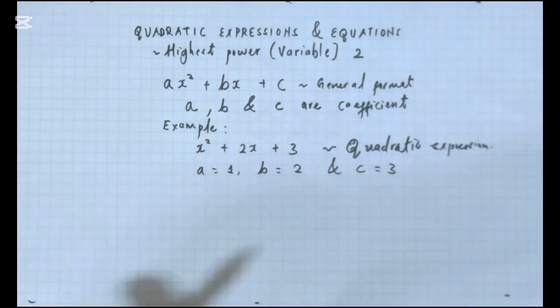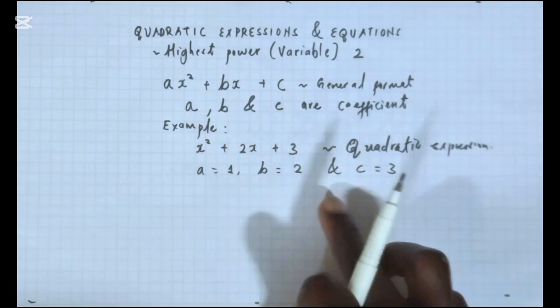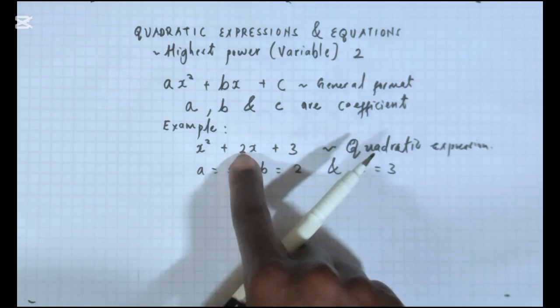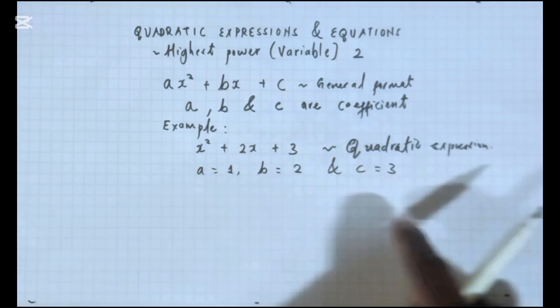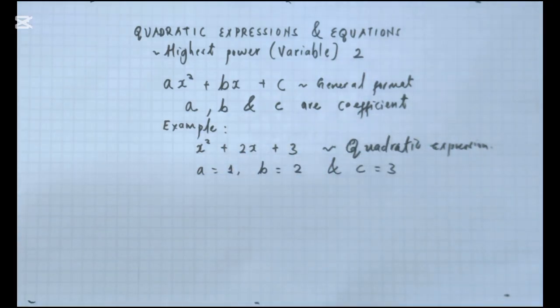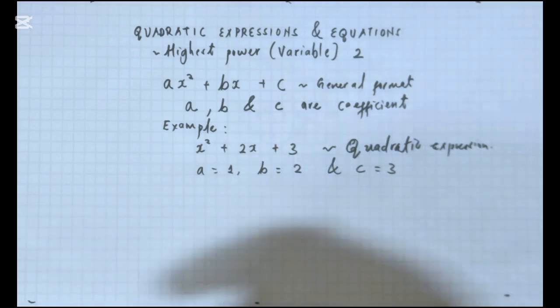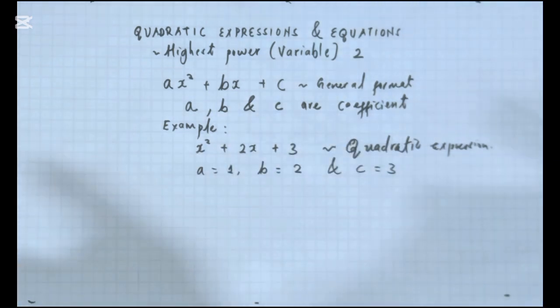So the coefficient there would be 1, 2 for the coefficient just next to x, and 3, which is a constant standing on its own. So usually quadratic expressions are used to describe curves, but we are not looking at that today. We're basically trying to look at what they are and how they look.